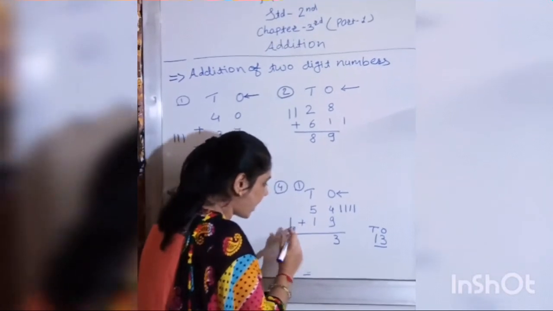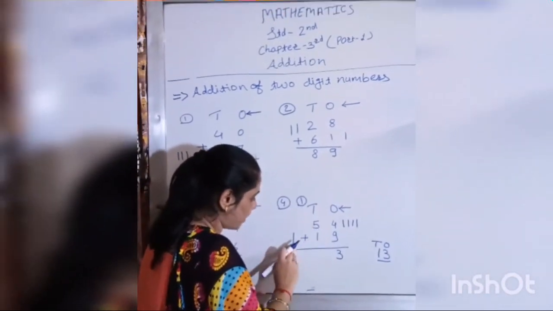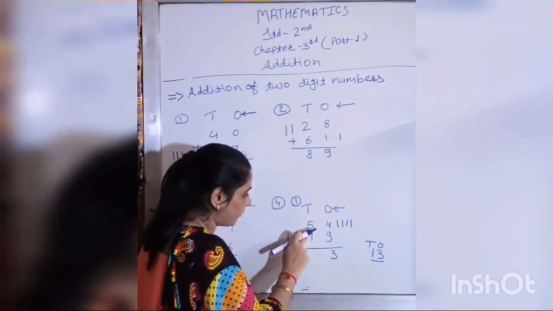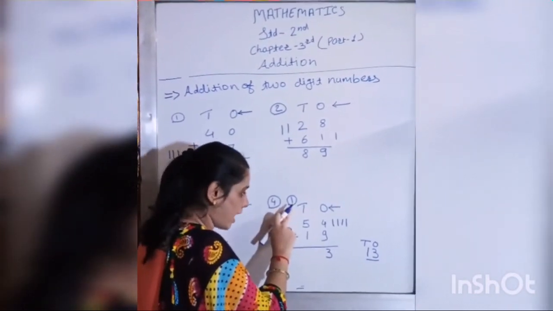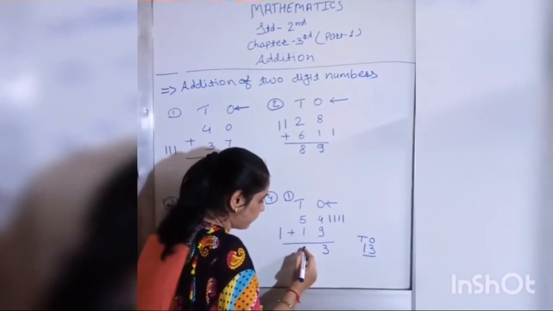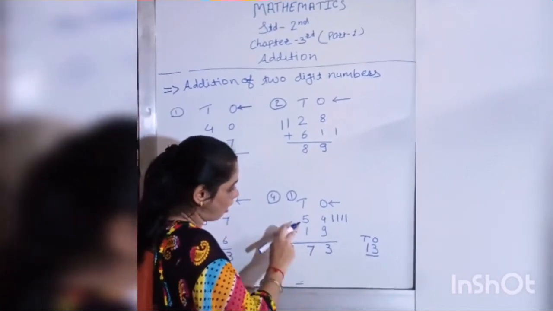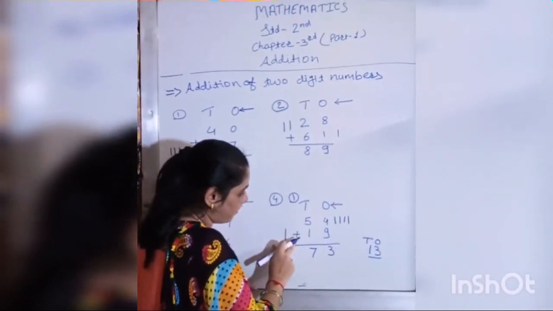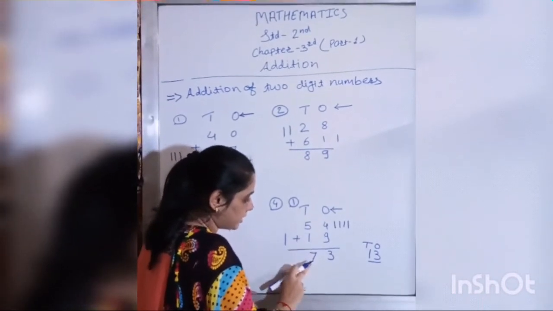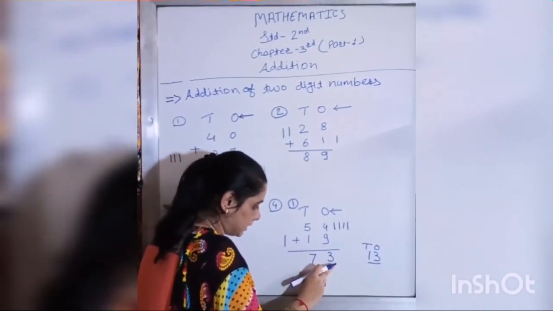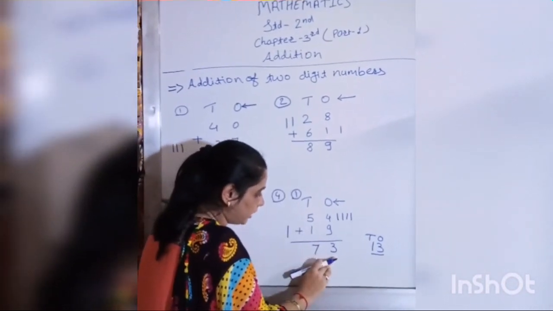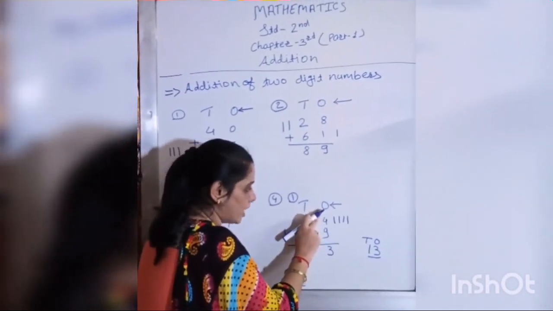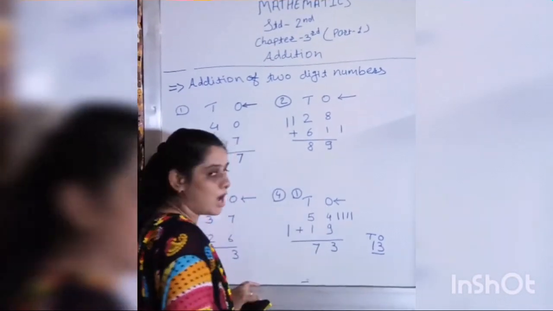So draw one line. Count after 5. 6. Plus 1 carry, 7. So the sum of 54 plus 19 is equal to 73. 7 is at tens place and 3 is at ones place.